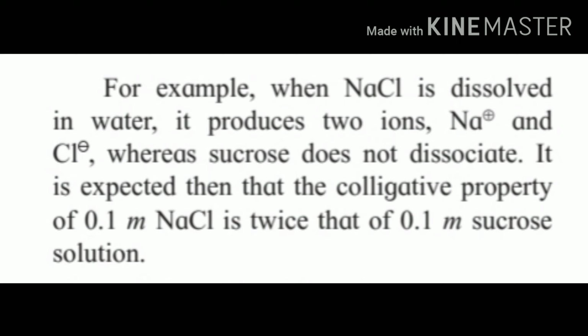So even if you take an electrolyte and a non-electrolyte of the same concentration, that is 0.1 molar, still the colligative property of the electrolyte is going to be higher. And the sole reason behind this is just the dissociation of the electrolyte.